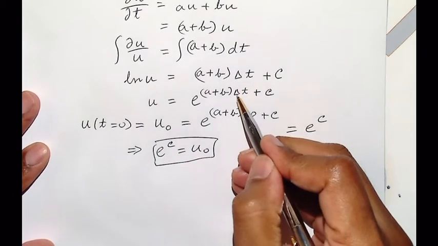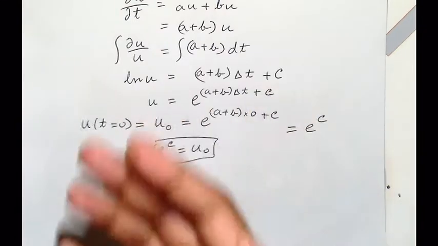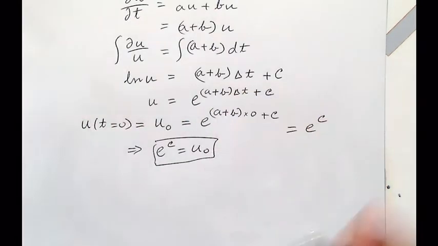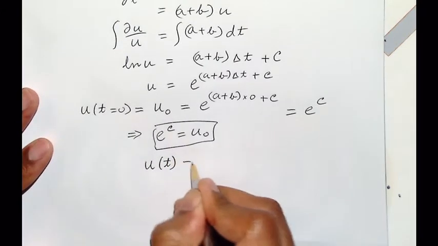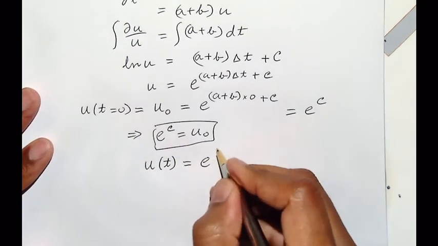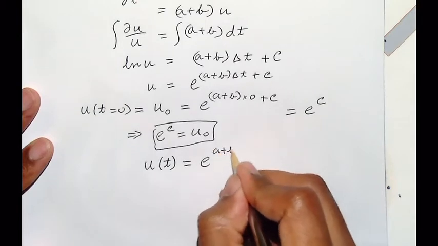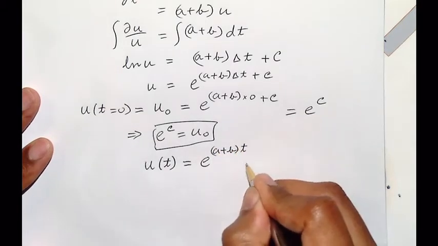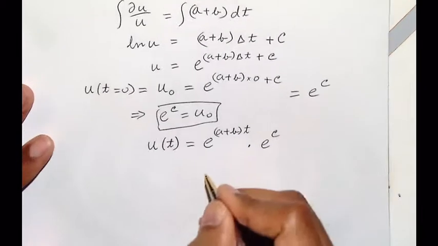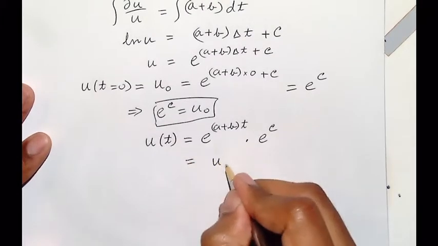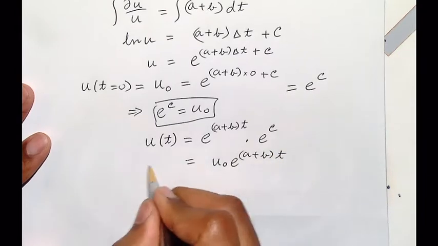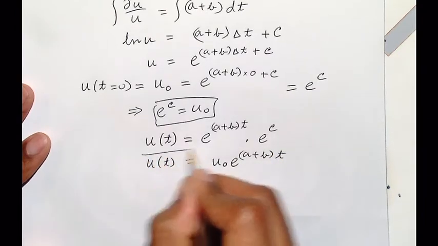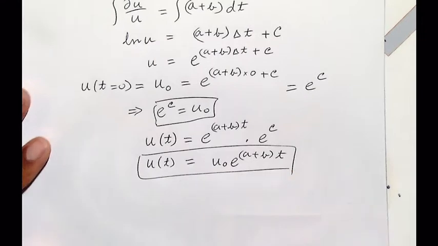I set here delta t, but you could just write t, you don't need the delta. So fine, which means u of any general t is e to the a plus b times t and e to the c, which is basically u naught e to the a plus b t. Make sense?